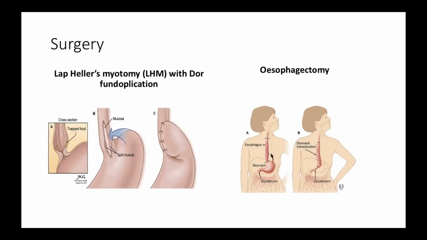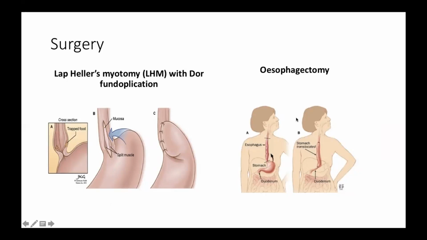Laparoscopic Heller's myotomy with Dor fundoplication has been the mainstay for a long period of time. Here, the circular fibers would be approached externally where an incision is made, and thereafter we see a fundoplication. Here, the Dor fundoplication is being performed.